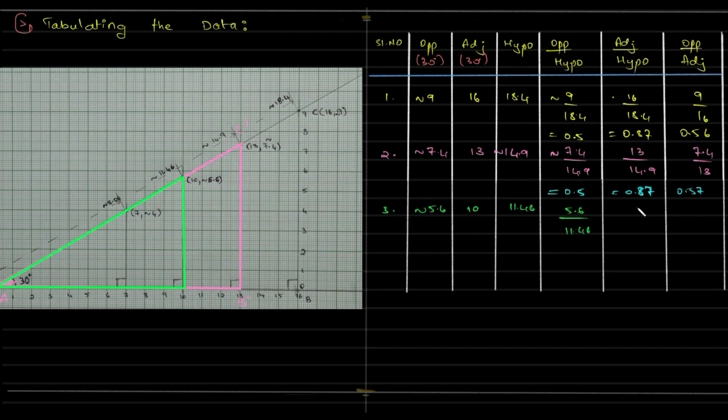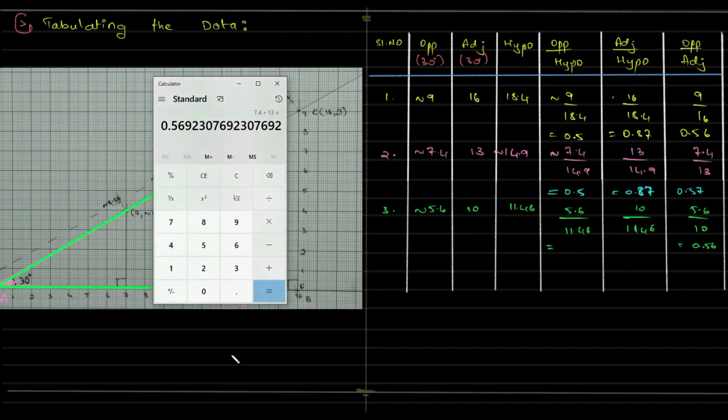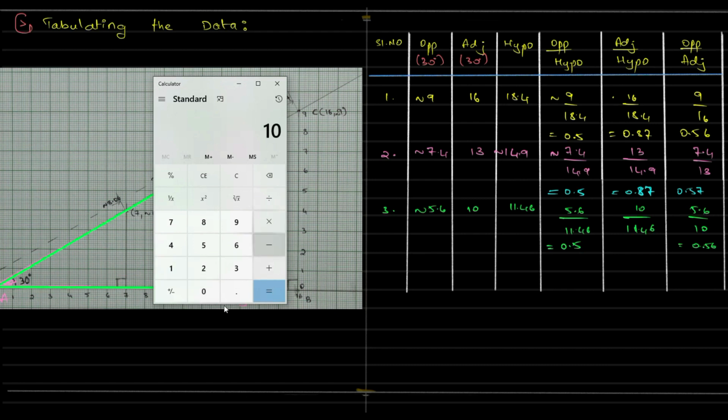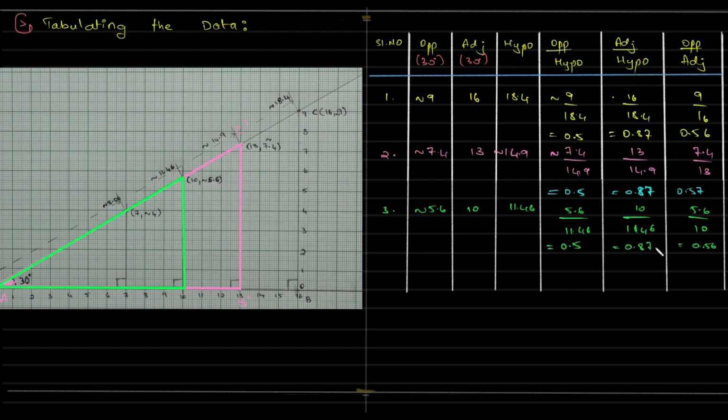This is 10 divided by 11.46, and this is 5.6 divided by 10. So clearly this is equal to 0.56, not an issue. While 5.6 divided by 11.46 is 0.5. And 10 divided by 11.46 is 0.87.